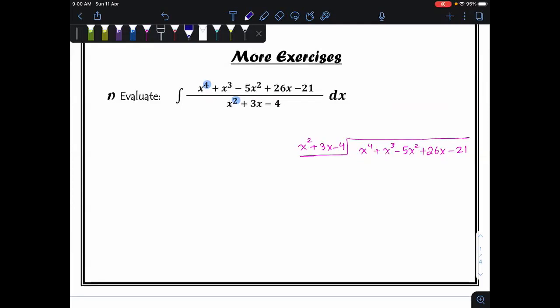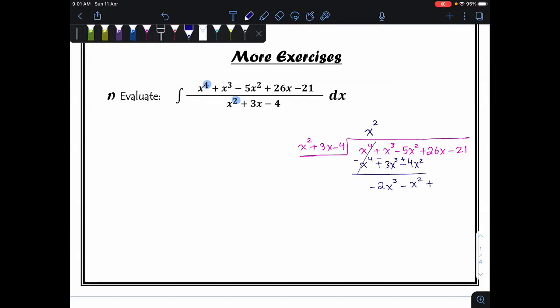To divide here using long division, we can put x squared first, because x squared times x squared is x to the power of 4. Then we have 3x cubed, and here minus 4x squared. Change the signs, cross out x to the power of 4, and add up the other terms. So we have negative 2x cubed, and negative 5x squared plus 4x squared gives a negative x squared.